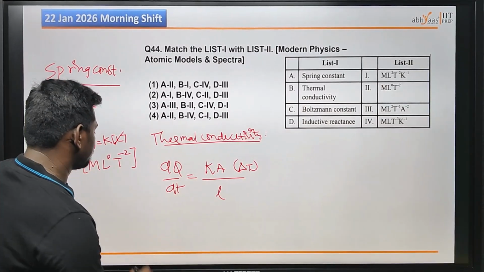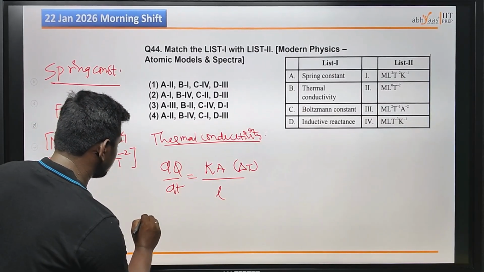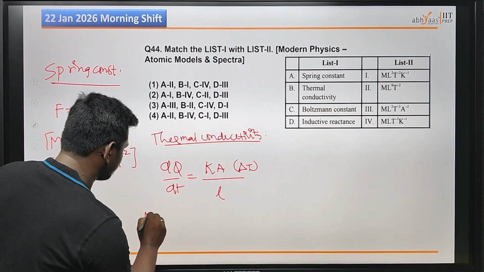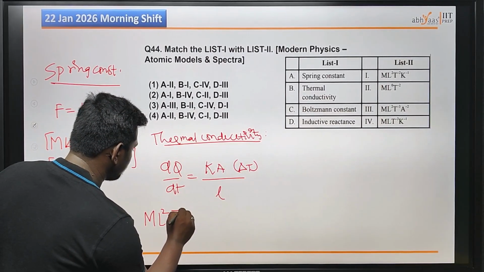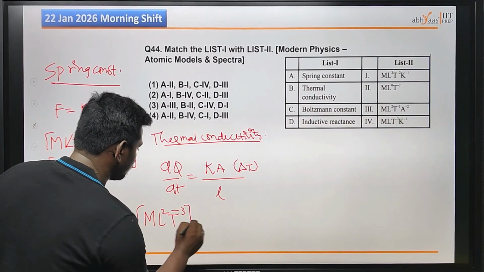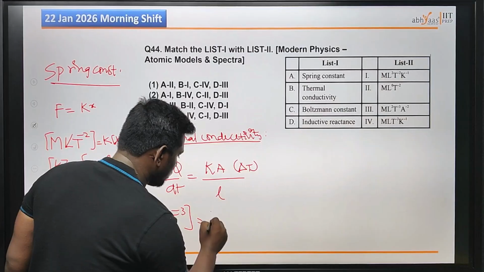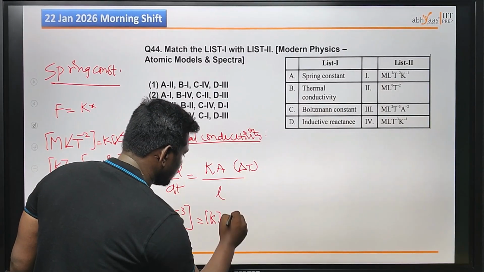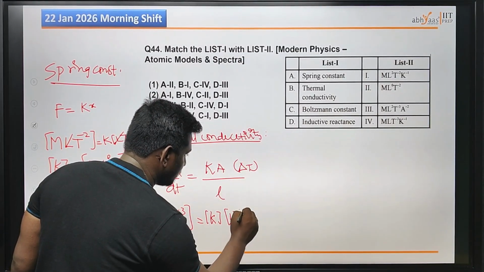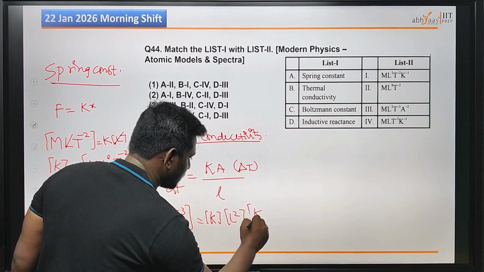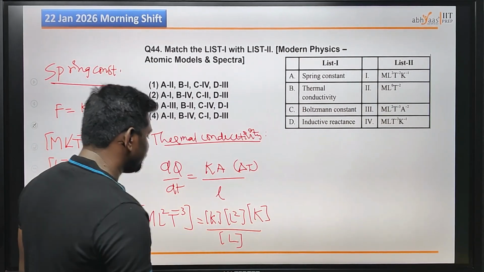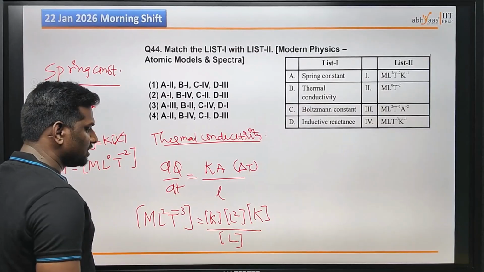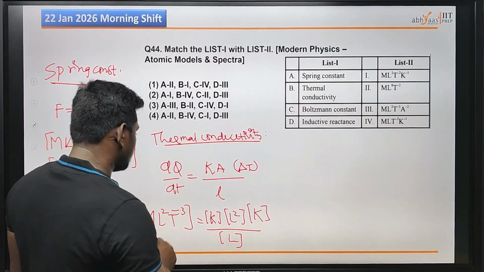What is dQ by dt? The rate of change of heat, M L square T to the power minus 3. Here I am writing small k, A is nothing but L square, the temperature is nothing but capital K, and the length is nothing but L. If you cancel L, you will get the answer.